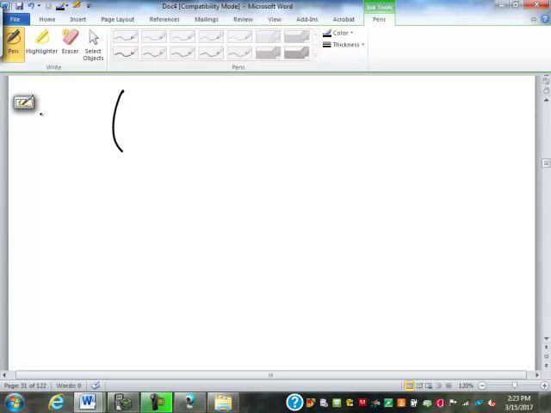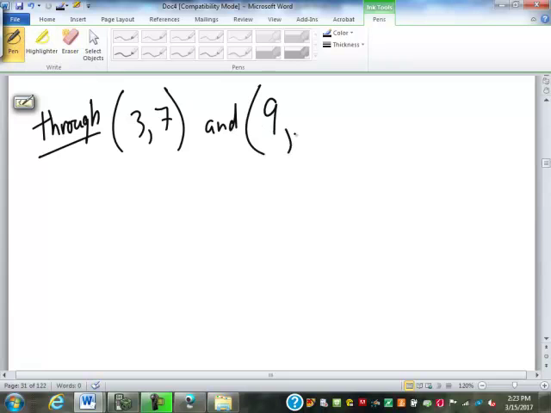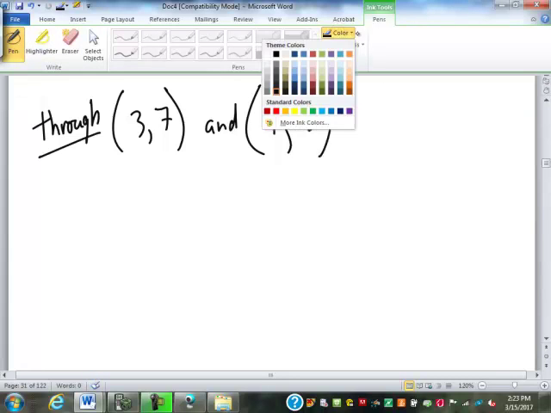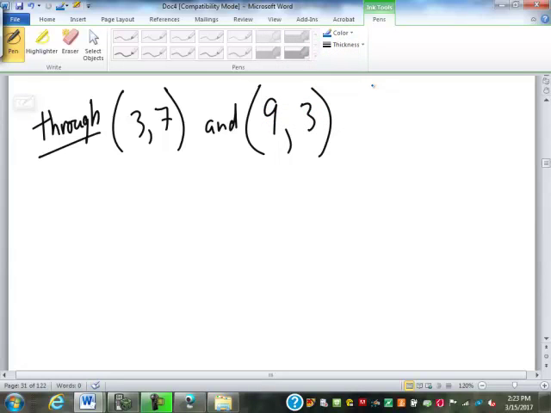So I tell you that the line goes through both of these points, 3, 7, and the point 9, 3. Well, I'll argue that this is not that much different than the problem we just did up above. Because when we have 2 points, we have the slope.